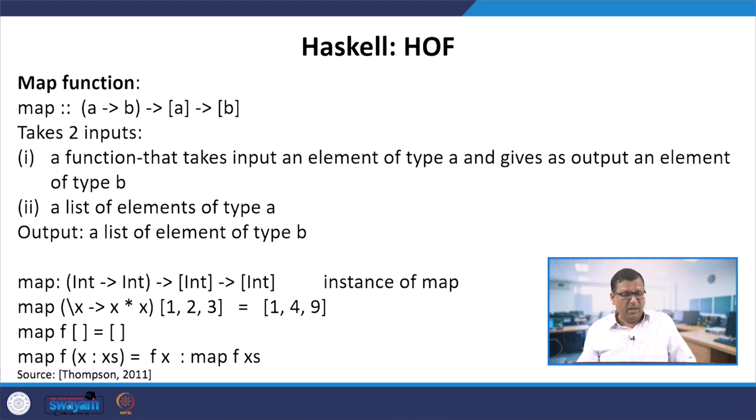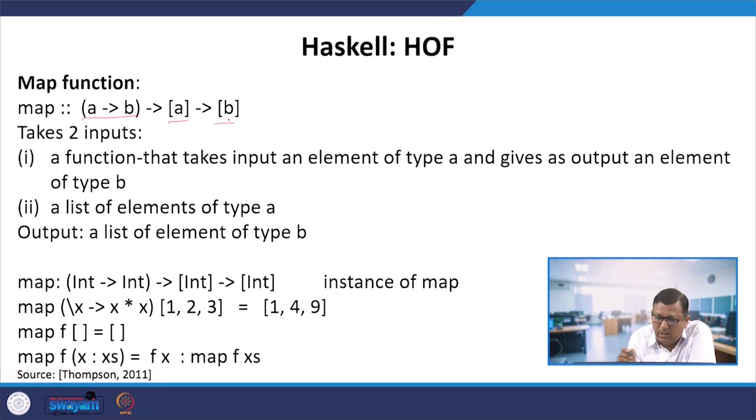Here one very important thing, as we have seen in the first example, when we are doing the sum of squares, sigma j square, j equal to 1 to n, we have seen the map function. Map is a very important function in Haskell and it is a higher order function because it takes one function and a list as input.